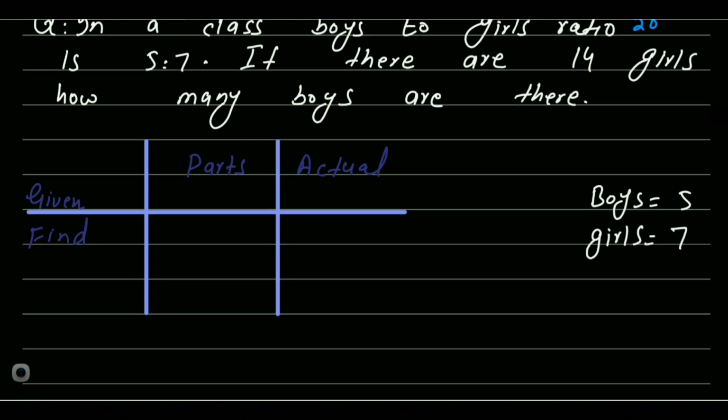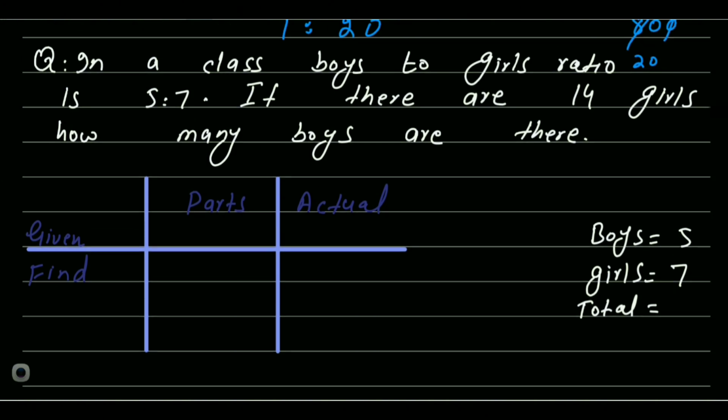So first of all we have to write the ratio of boys and the ratio of girls. After that we write the total ratio. Total ratio is 7 plus 5, 12. And fourth thing, we can check the difference. The difference is 7 minus 5, that is 2. So these 4 things we should know.